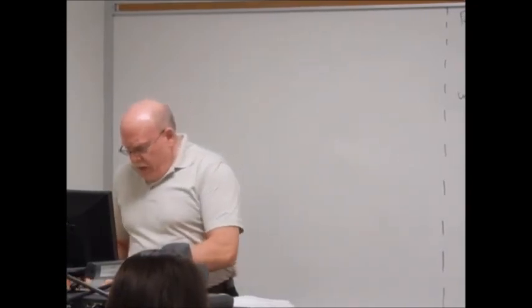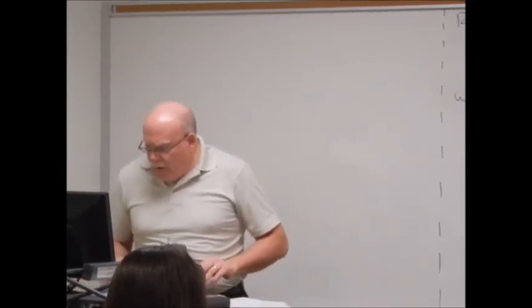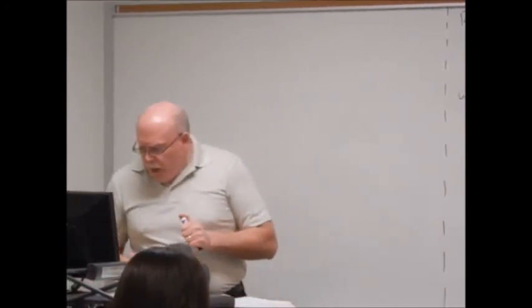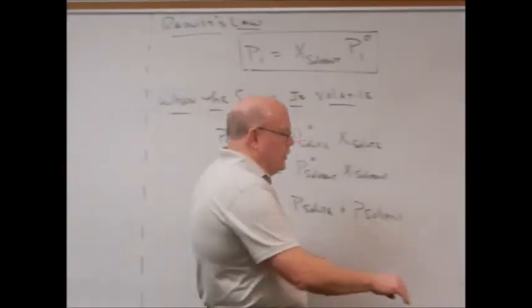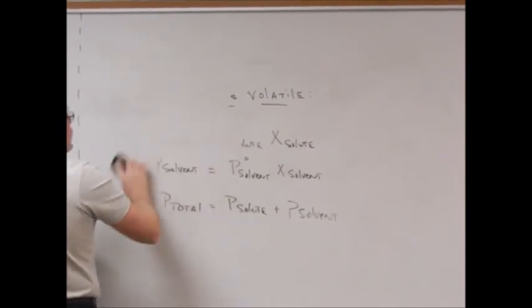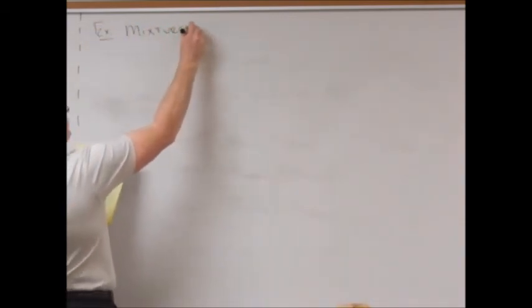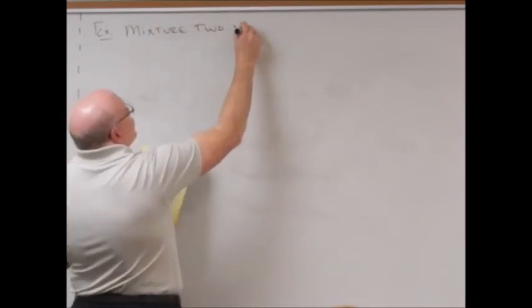If we look at an example of this, the example comes from another textbook, but I'm going to show you what this looks like. Let's take a look at the following. We have a solution, a mixture of two volatile liquids.